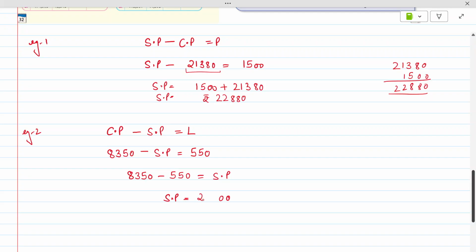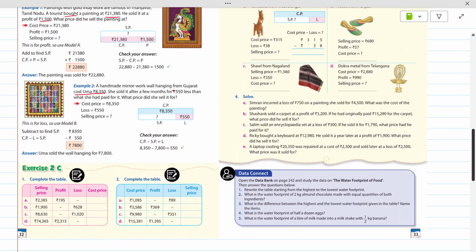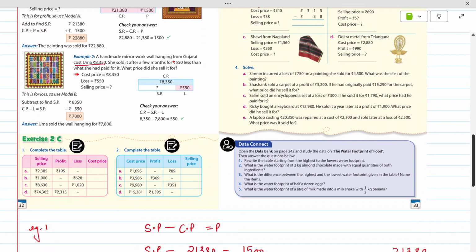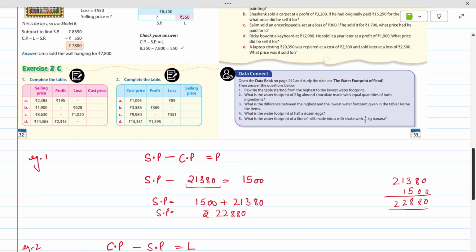If you subtract these two, you will get 7,800 as the answer, which is the selling price. So these are the basic things. If you remember this, then you can do every question. Now let us start with exercise 2C and try to do the questions.